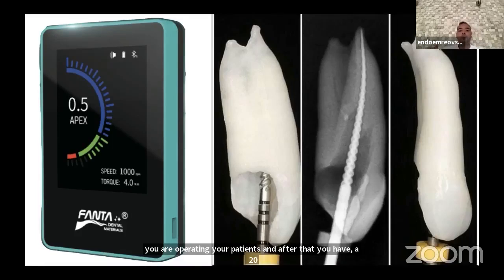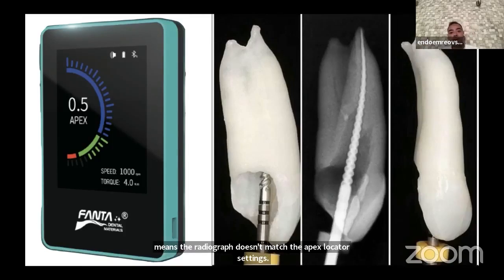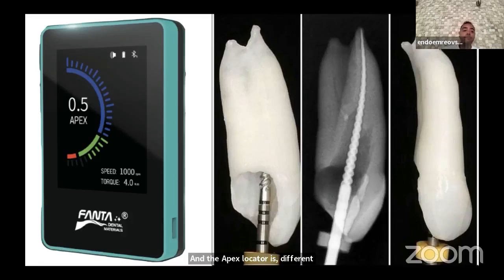You see 20 millimeter on the radiograph, and you calculate it with the apex locator, and it's actually 17 millimeter. So if you have a problem with the working length, it means the radiograph doesn't match the apex locator, and the apex locator is different from your X-ray. So you need to verify, and you need to take the calculation of the apex locator, not the radiograph.